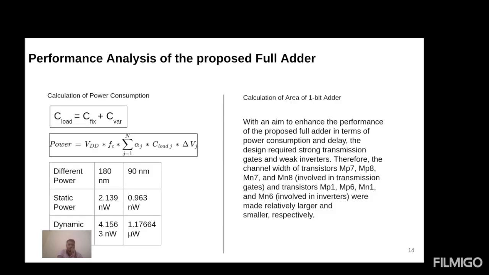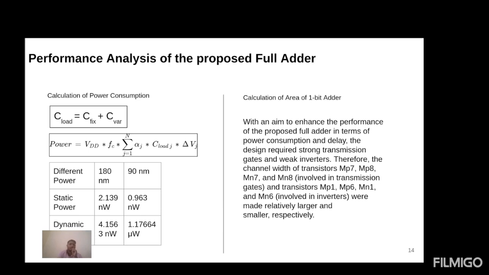In the performance analysis of the proposed full adder section, we have to focus on the calculation of power consumption. The power consumption is calculated using this formula. C load is the total load capacitance, that is the addition of the fixed capacitance and the variable capacitance, and we take the static power and dynamic power, where dynamic power is measured using the alpha C V squared F formula.